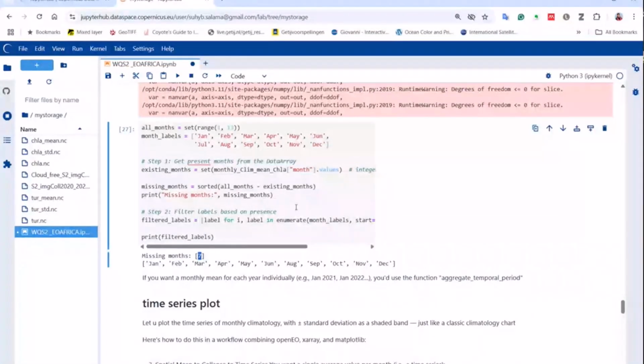You could see it here. I did some calculation here, and I told it, show me the missing month. And it told me the missing month is 7. I have January, February, March, April, May, June, August. So it skipped July, which is month number 7, then September, October, November, December.